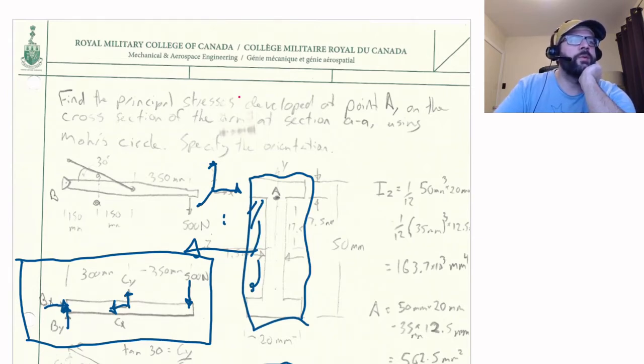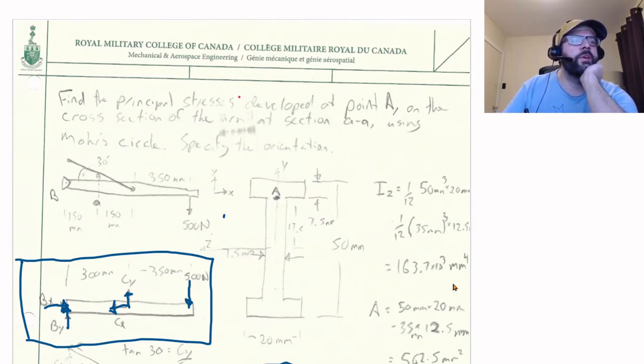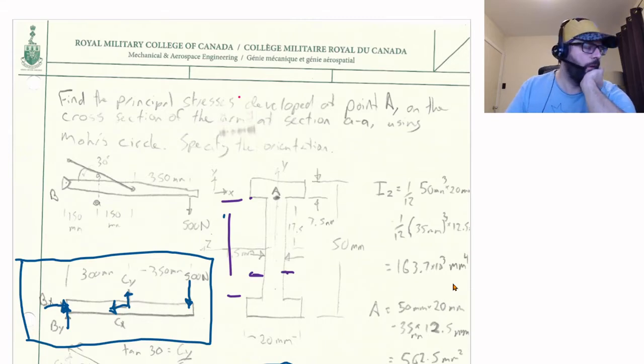So 1 over 12 times 50 millimeters to the third times the 20 millimeters, minus 1 over 12 times the 35 millimeters to the third, because that's the distance from here to here, times the 12.5 millimeters that are left when this 20 millimeters minus the thickness of the web.